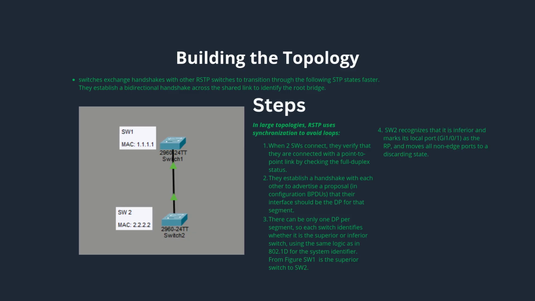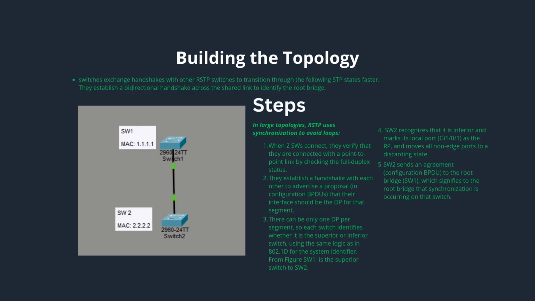Step 4. Switch 2 recognizes that it is inferior and marks its local port, Gi1/0/1, as the RP and moves all non-edge ports to discarding state. Step 5. Switch 2 sends an agreement configuration BPDU to the root bridge, which signifies to the root bridge that synchronization is occurring on that switch. Step 6.